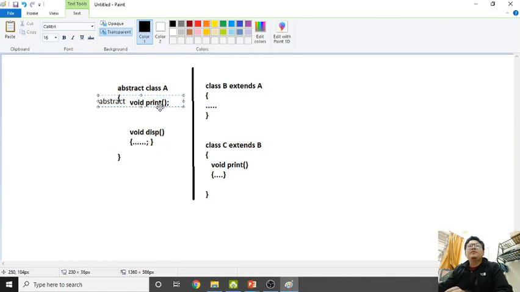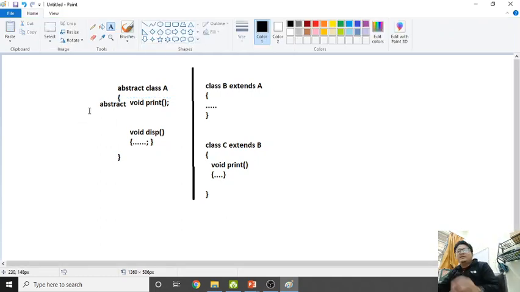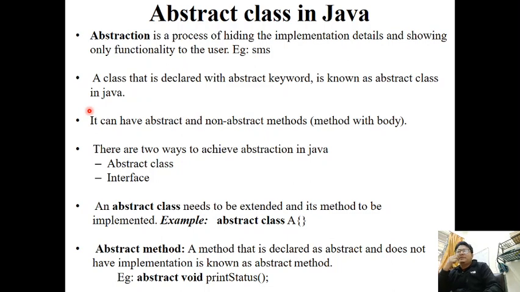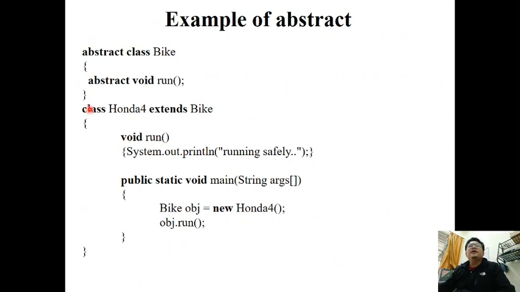A method whose implementation details are missing has to be declared as an abstract method, assuming that later in the inheriting class it may get implemented.